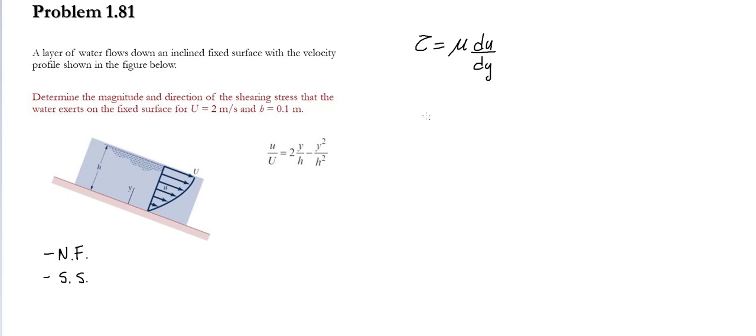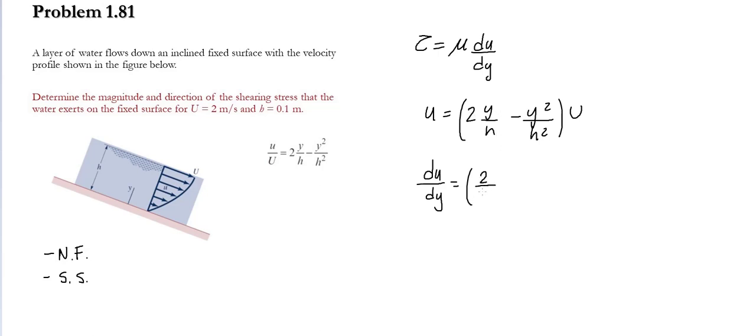For that, we take the velocity and we define it as 2yh minus y squared over h squared, and all of this is multiplied by uppercase U. We take the derivative of this with respect to y, and since the first term is linear, its derivative is simply 2 over h, and the derivative of the second term is 2y divided by h squared, and we keep multiplying by uppercase U.